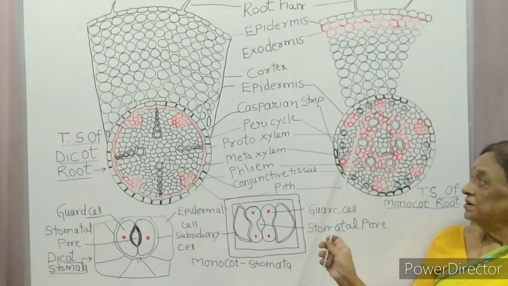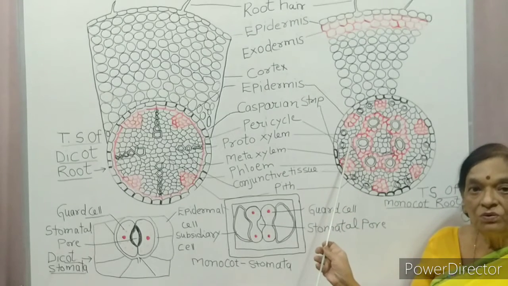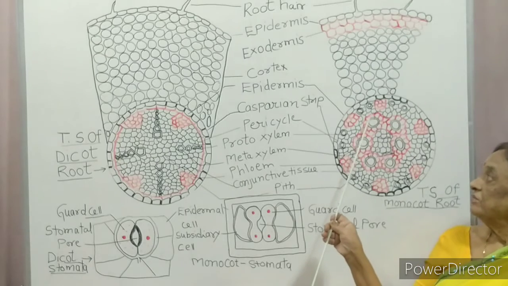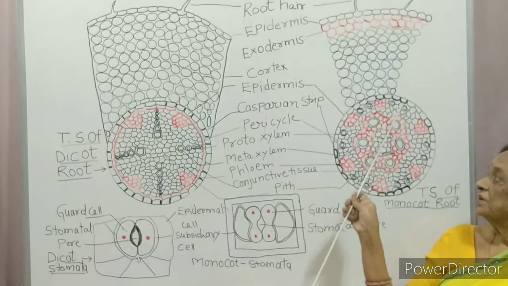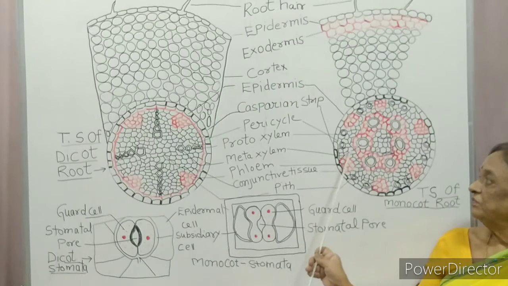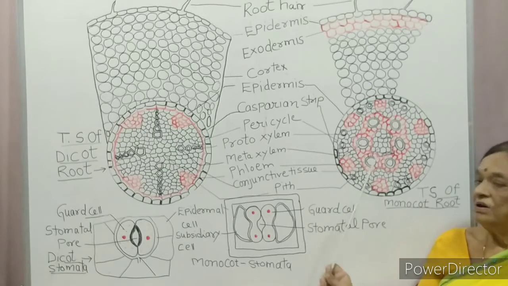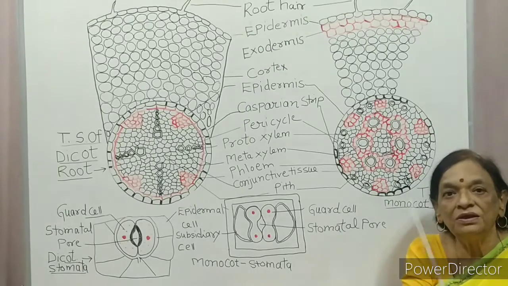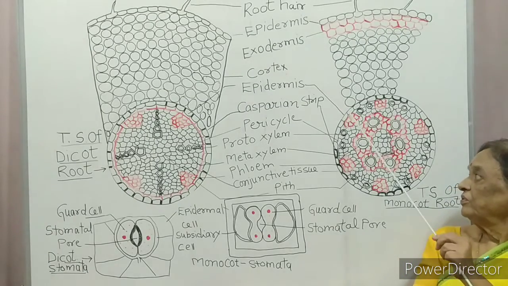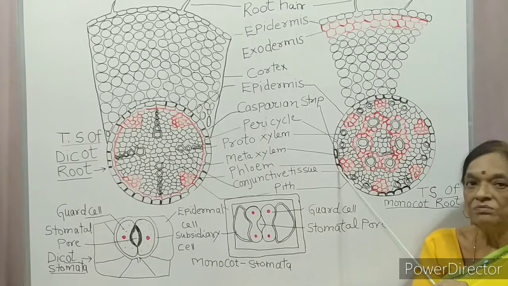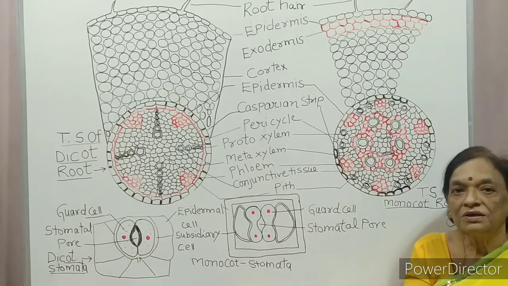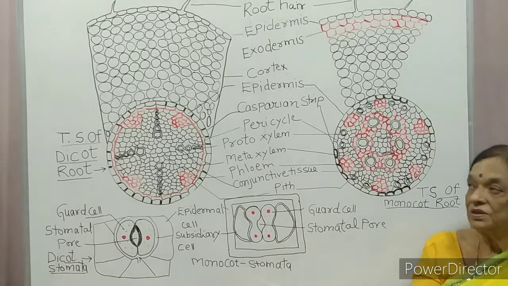Then the xylem of monocot is V-shaped. Can you see the V-shaped xylem? It is V-shaped because vascular bundles are radial. Phloem alternates with xylem. This is phloem which alternates with xylem.